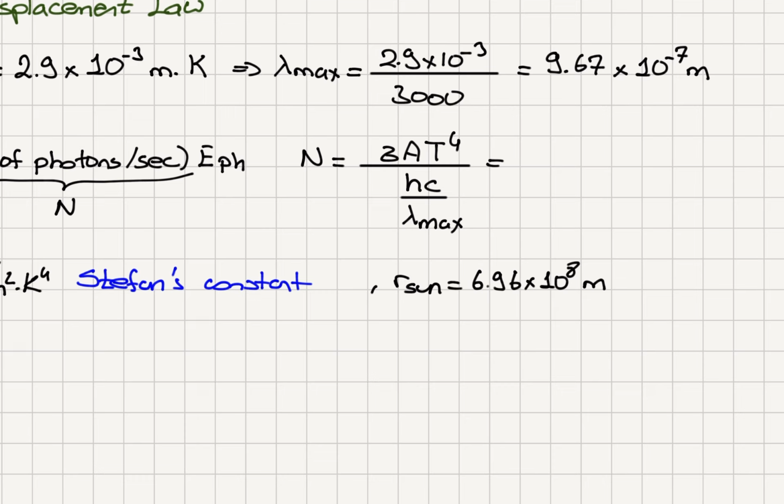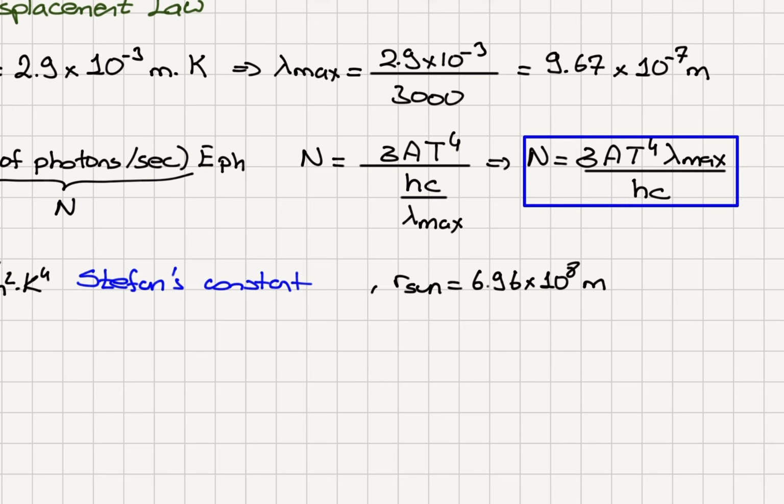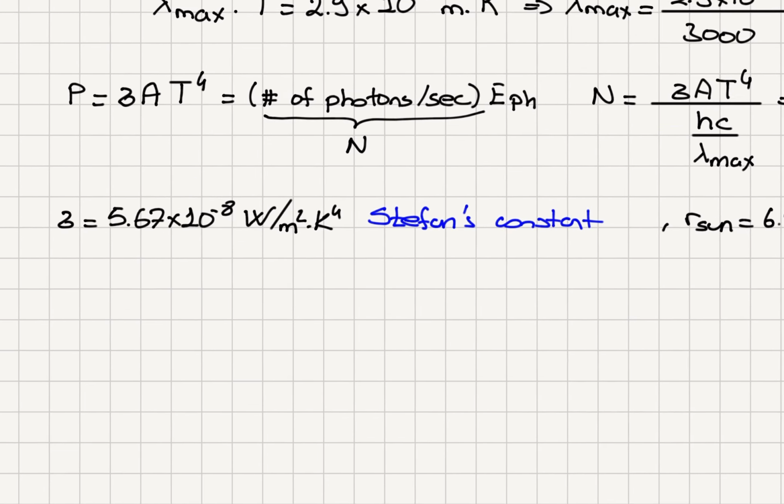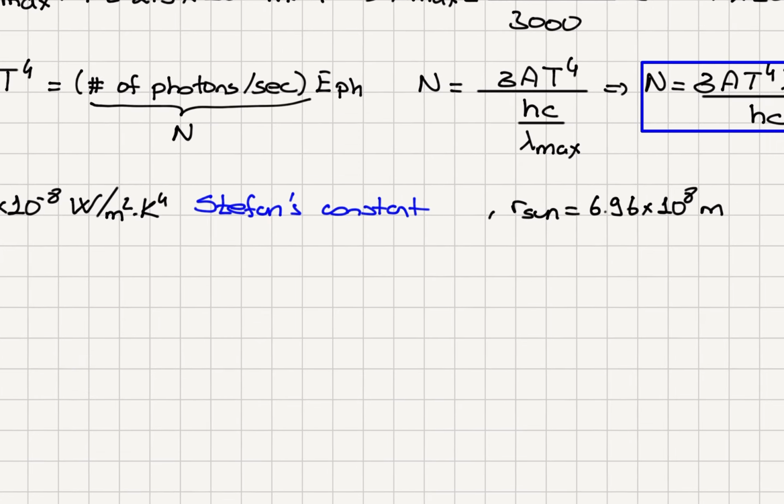So this gives us the number of photons emitted per second: sigma A T to the fourth power, maximum intensity wavelength, divided by Planck's constant times the speed of light, c. Now, we know Stefan's constant, 5.67 times 10 to minus 8 watts per meter squared Kelvin to the fourth power. And the radius of the Sun, we know, 6.96 times 10 to 8 meters.